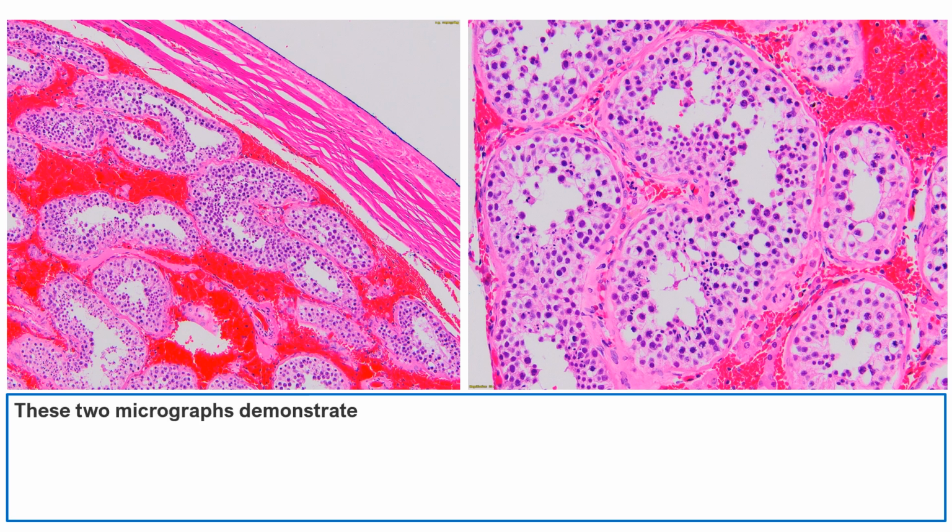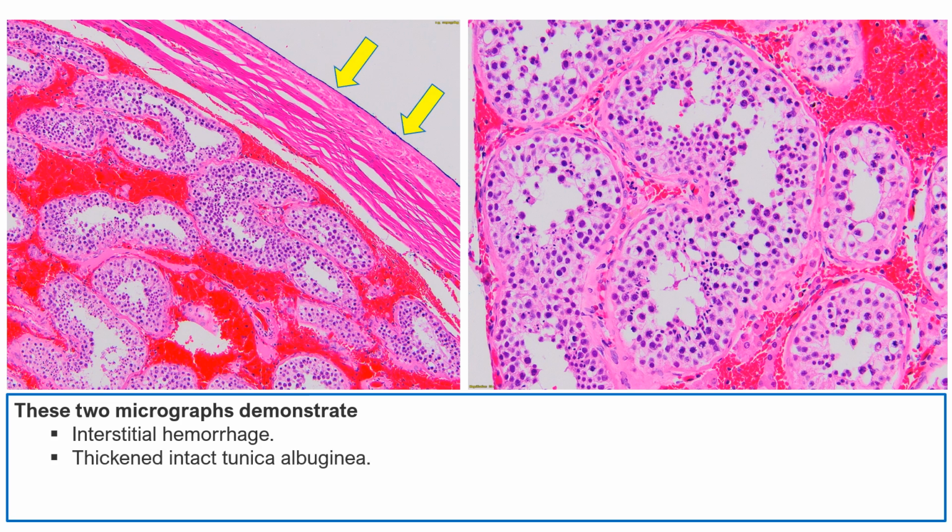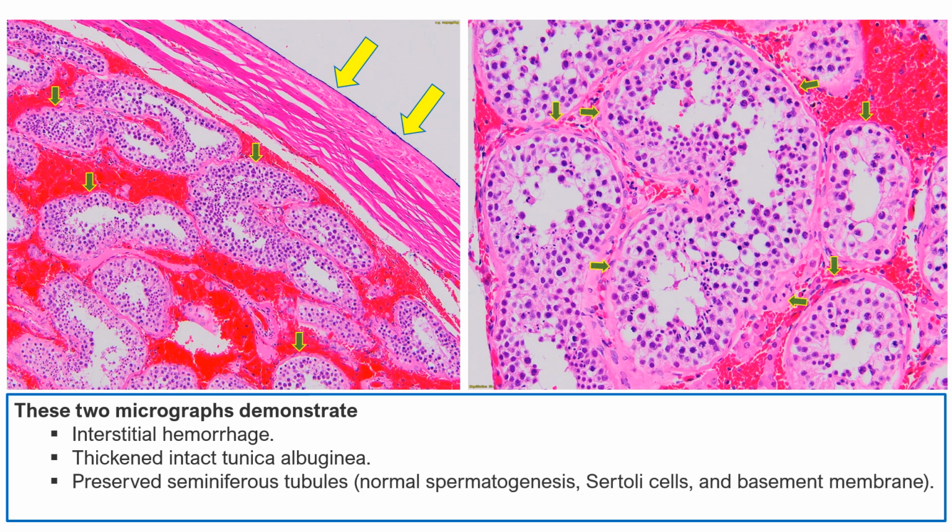These two micrographs demonstrate interstitial hemorrhage, thickened intact tunica albuginea, preserved seminiferous tubules, normal spermatogenesis, Sertoli cells, and basement membrane, interstitial Leydig cells.